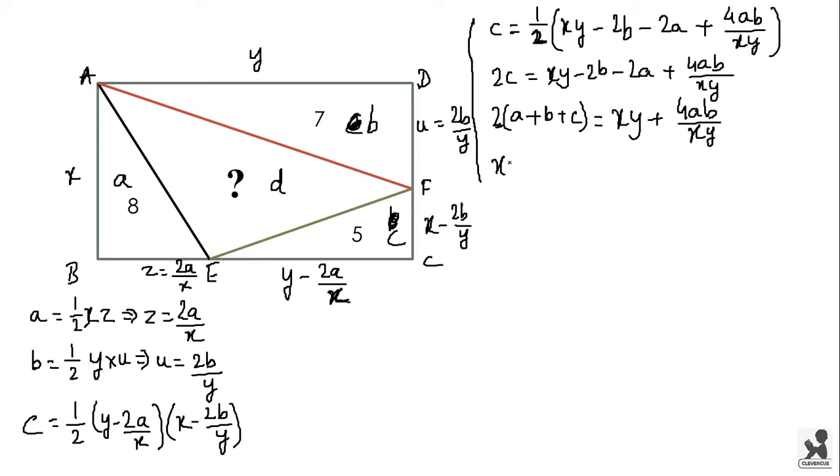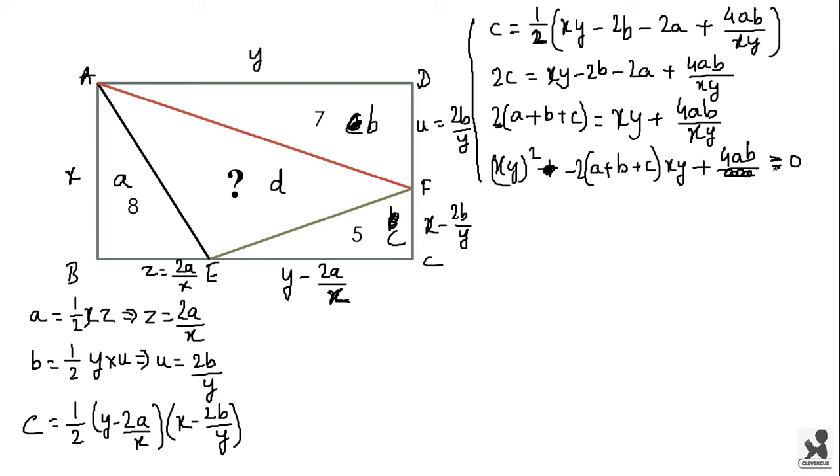We get xy whole square minus 2 into a plus b plus c into xy plus 4ab equal to 0.